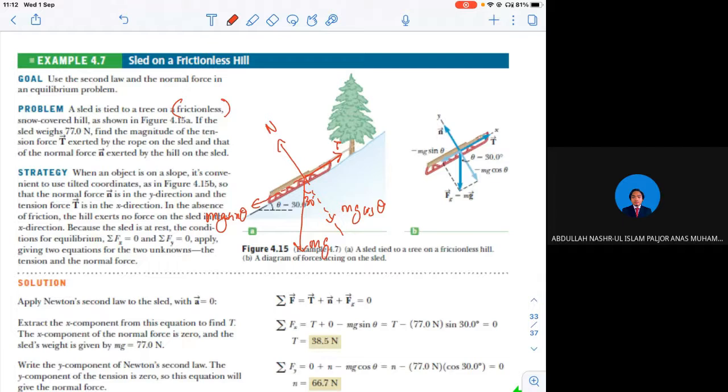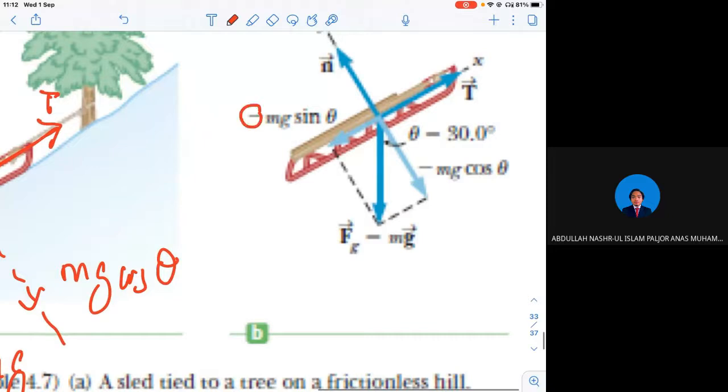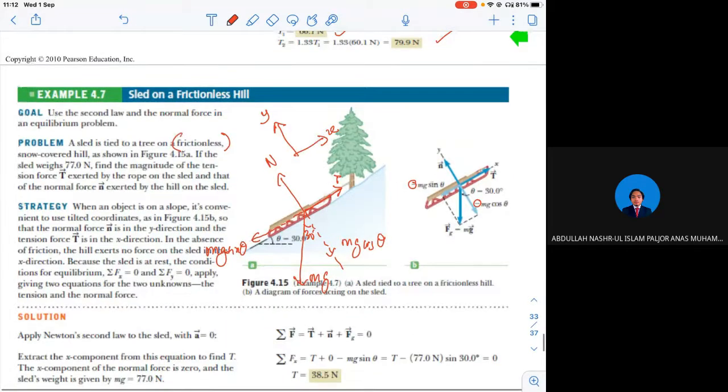Now we have Cartesian coordinates like this: x going that way, y going that way. If you look carefully at what they did here, they put negative here. But don't bother with that, because whatever goes to the left is negative, whatever goes down is negative.